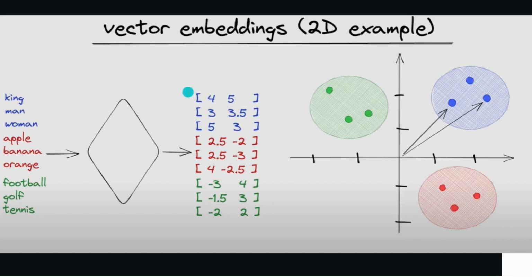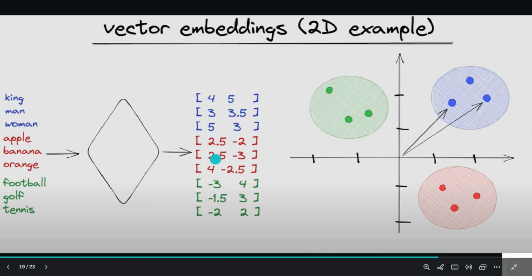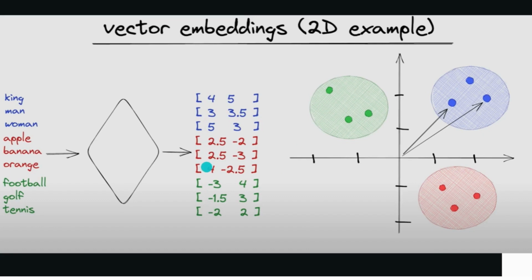And yeah, this is king. When it passes through the embedding model, what do we have? 4, 5. Now this is not the exact representation, this is an illustration. Here you see that this is like a 2D space, and there's the x and y axis. Then we have the man. If a man passes through this space, it's going to have 3 and 3.5.